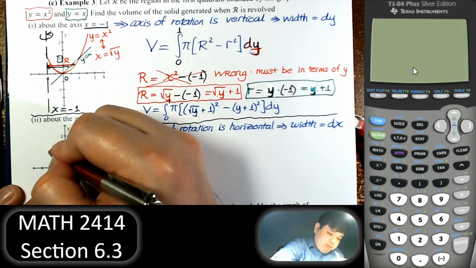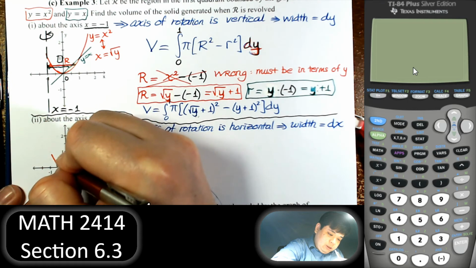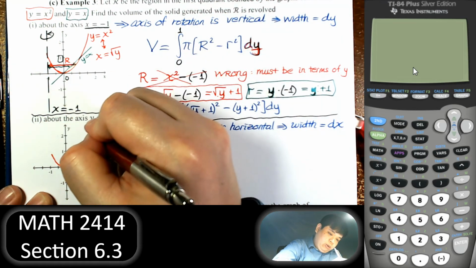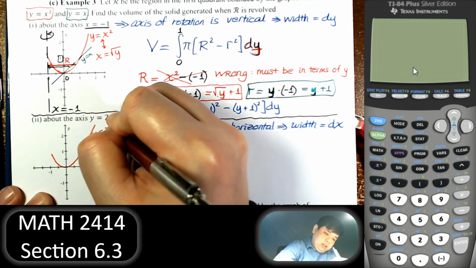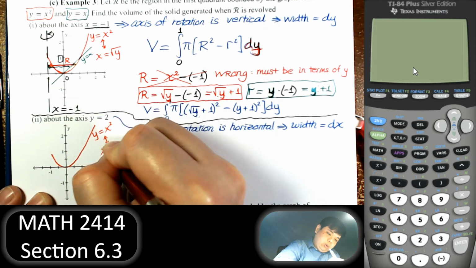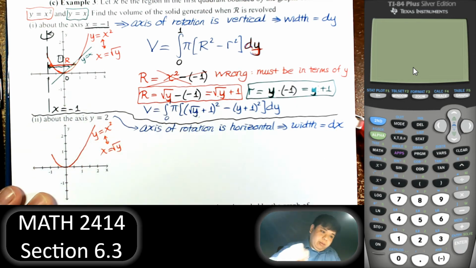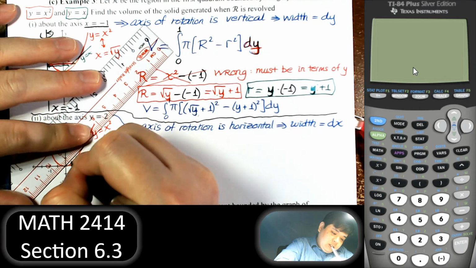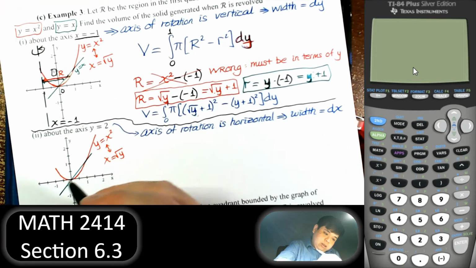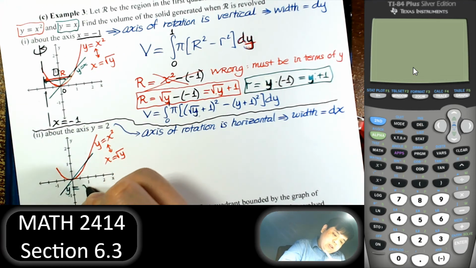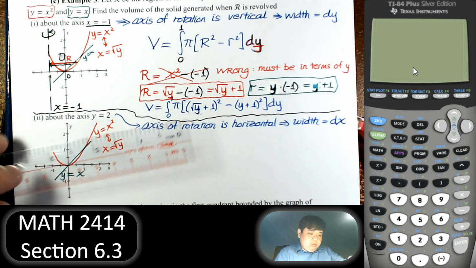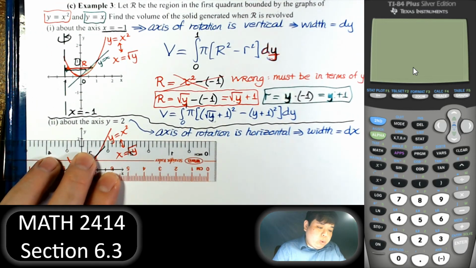Again, we have y equal to x squared, or equivalently x equal to square root of y, and then y equal to x, or x equal to y, at least that one is easy. Now the axis of rotation is y equal to 2.